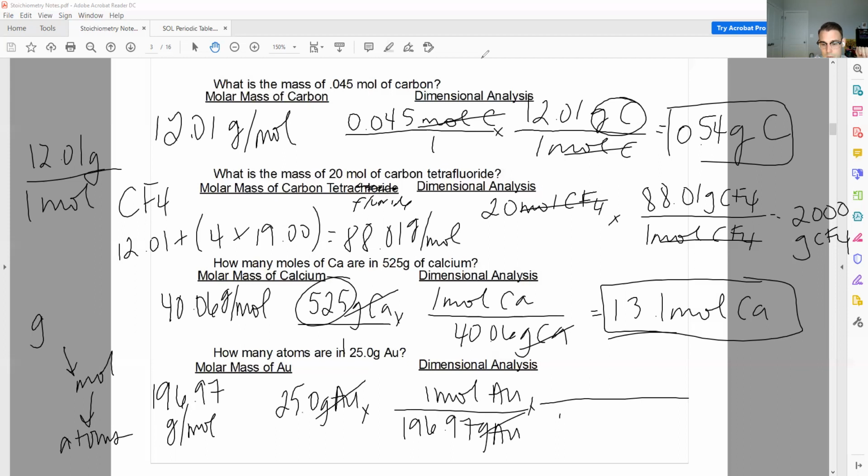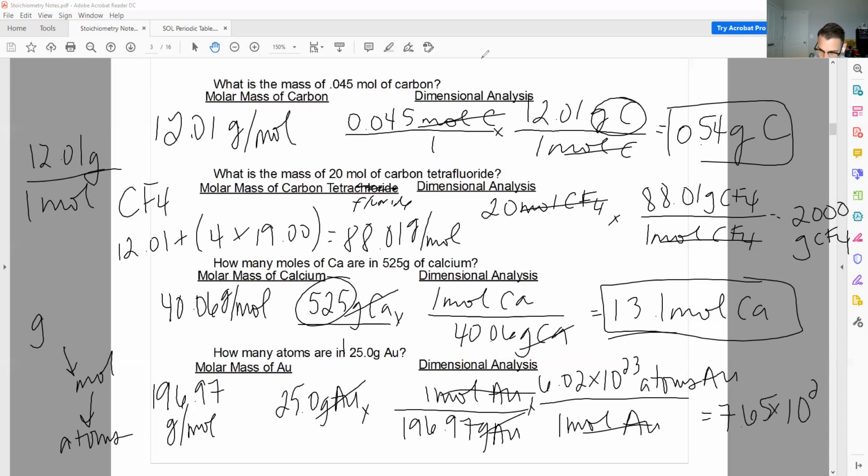So 1 mole of gold gives me 6.02 times 10 to the 23rd atoms of gold. The moles cancel. And my final answer with the correct number of sig figs, which will be 3 based on the 25.0, is 7.65 times 10 to the 22nd atoms of gold.